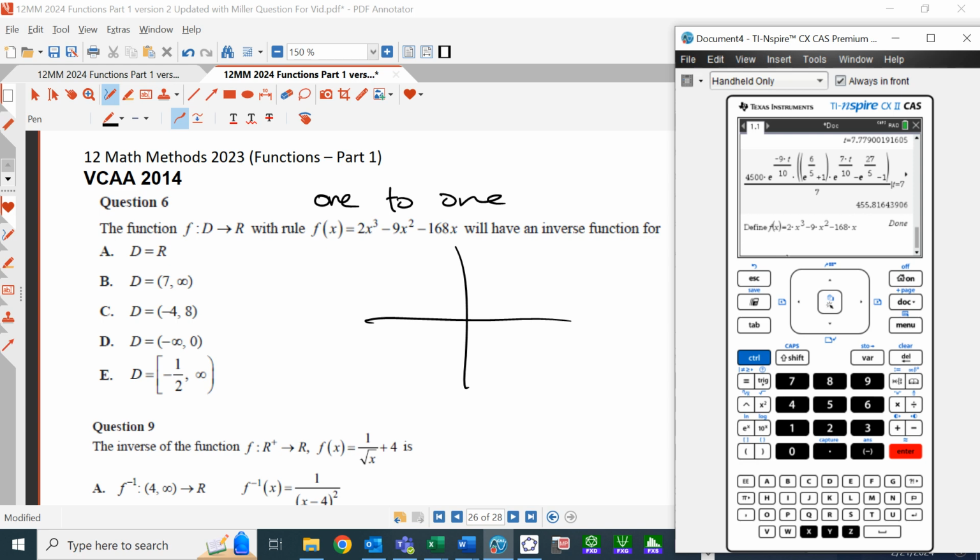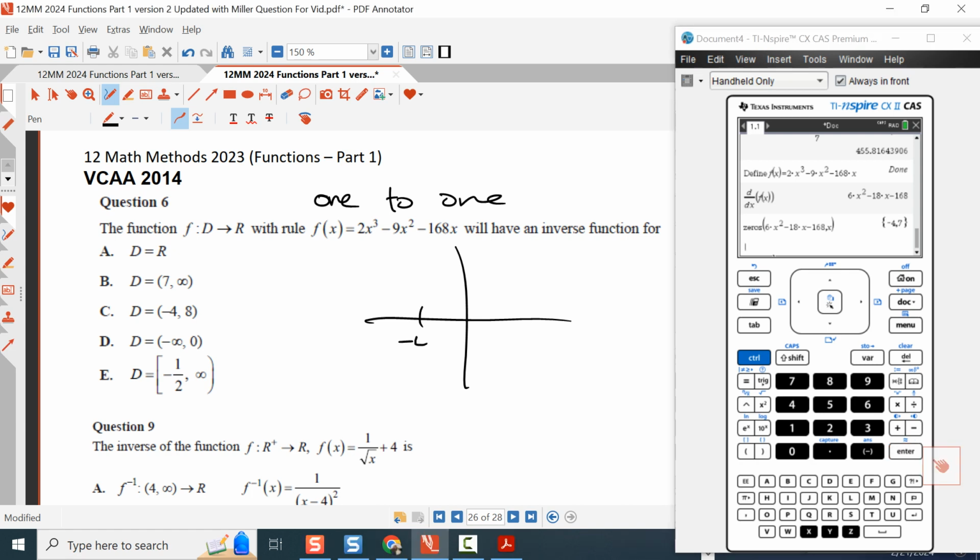Now all I want is the x values where the stationary points occur. So to do that, I'm going to go shift minus d/dx f of x. Now I'm going to run a solve, ans equals 0, or I could do zeros, for x. And it's basically telling us that it turns on the lines x equals -4 and 7.